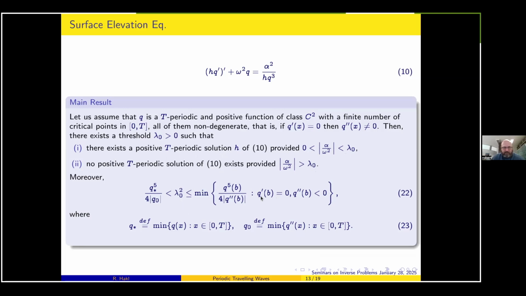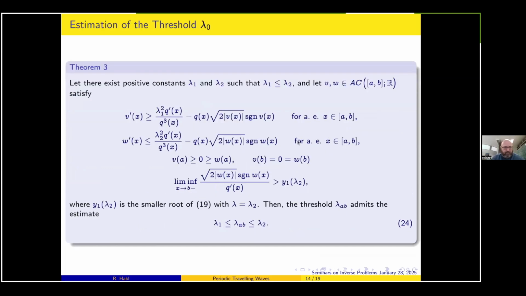Here we have some estimate also for this lambda sub 0, for this threshold, but this estimate is very wide, and to get this estimate much narrower, we can use this theorem about differential inequalities.